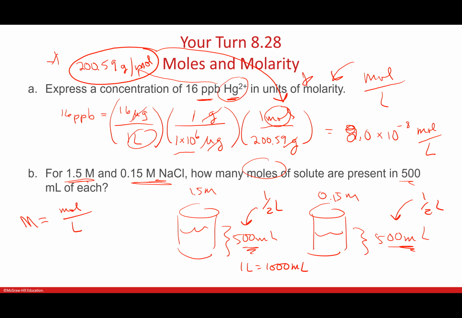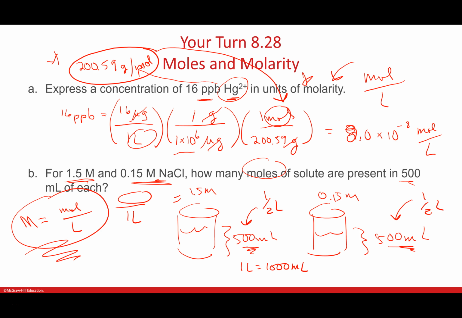So sometimes I'll do it this way then. Based on what Billy said, I'll throw this at you, Glenna. So 1.5 molar, what does that mean? Blank moles per 1 liter. Because Billy told me, and he's right, this is what molarity means.